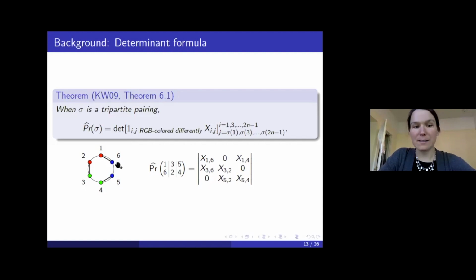Kenyon and Wilson's theorem says that PR hat is the determinant of a matrix whose rows are indexed by odd nodes and columns are indexed by even nodes. The columns are in the order determined by the pairing. So since node 1 is paired with node 6, node 6 is in the first column. You can always read the pairing across the diagonal of their matrix. And then the entries in the matrix are either xij or they're 0 if the corresponding nodes, like 1 and 2, have the same RGB color.